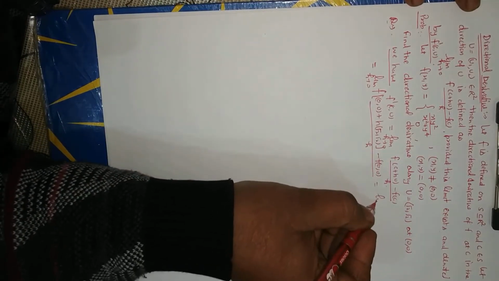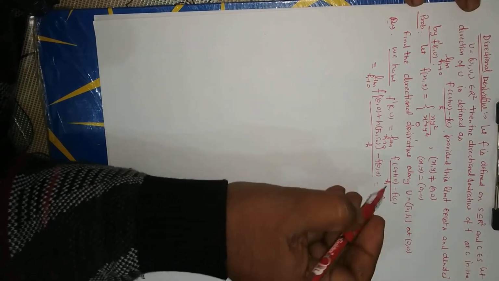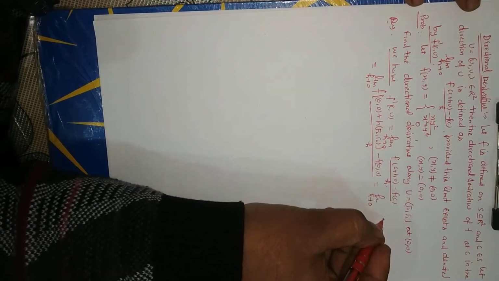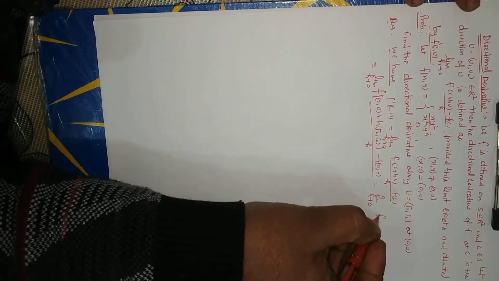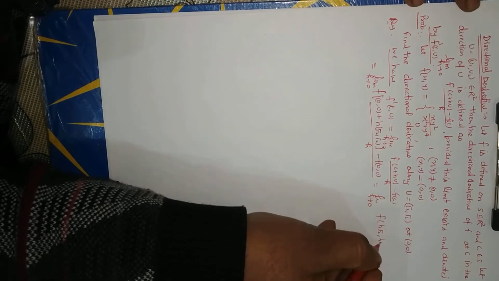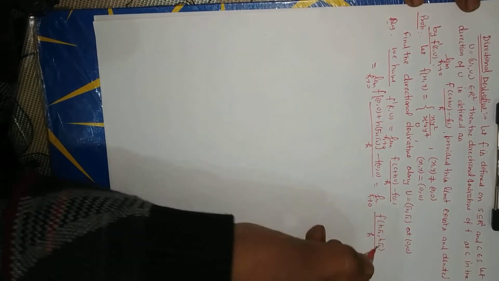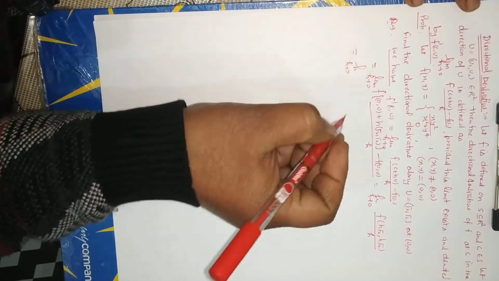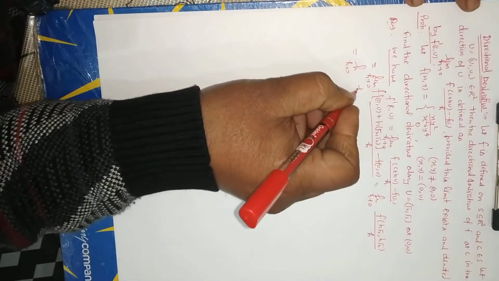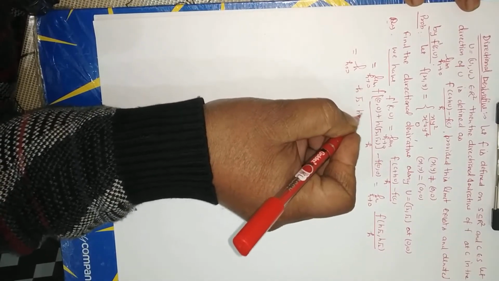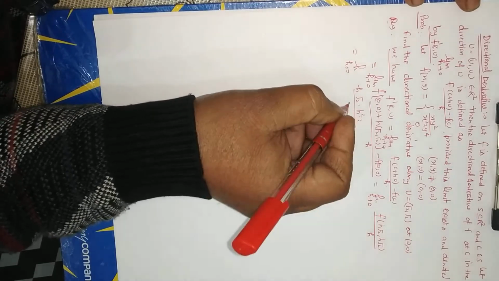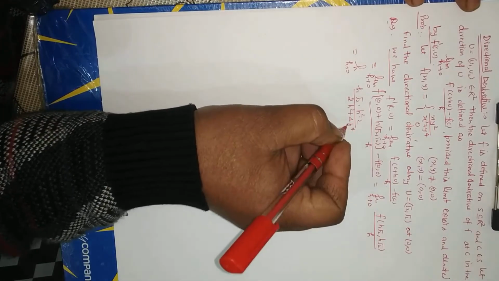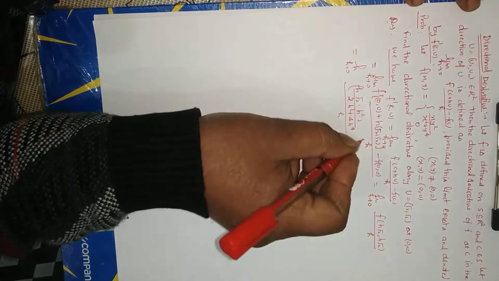This is equal to limit h tending to 0. The value of f of 0 0 equals 0. Now f of h under root 2 comma h under root 2 upon h. Now putting the value of f at h under root 2: h under root 2 times h square into 2 upon 2 h square plus 4 h to the power 4, upon h. Okay.